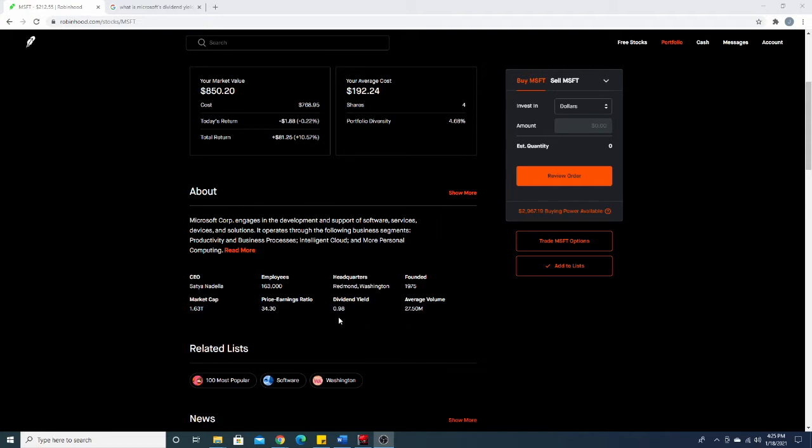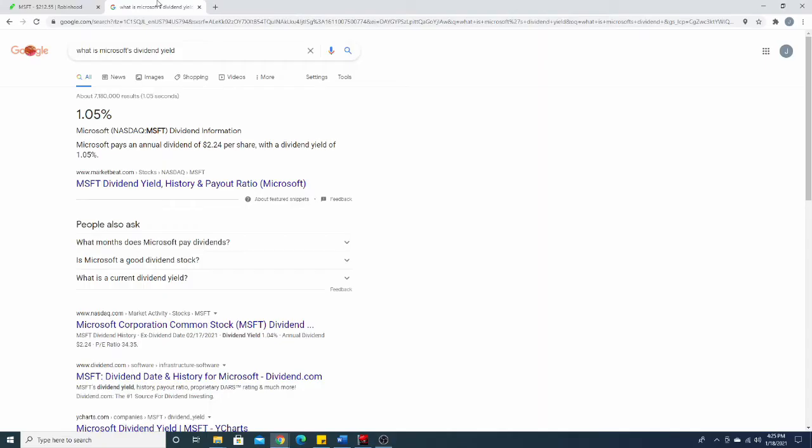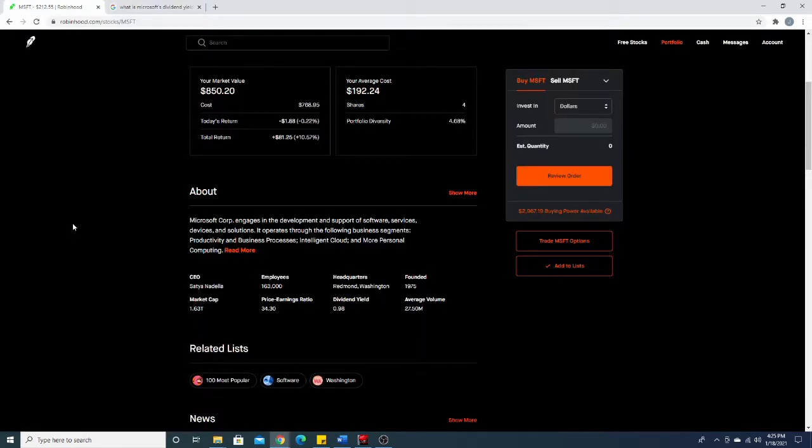Robinhood says 0.98, but I already Googled it, and they have a dividend yield of 1.05. So that is $2.24 per share. A quick Googling is an easy way to ensure that you are correct with your information when you're looking at dividend yield. All right, with that out of the way, first off, what is a dividend?